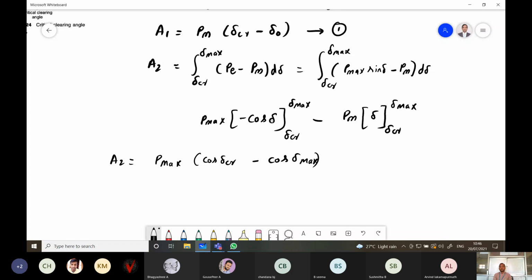It becomes minus into minus, plus, hence I will write the positive value first, cos of delta CR, then minus cos of delta max, minus Pm into delta max minus delta CR.